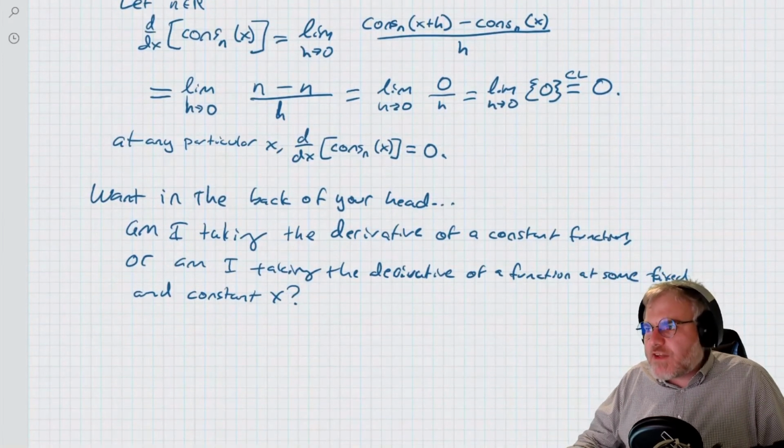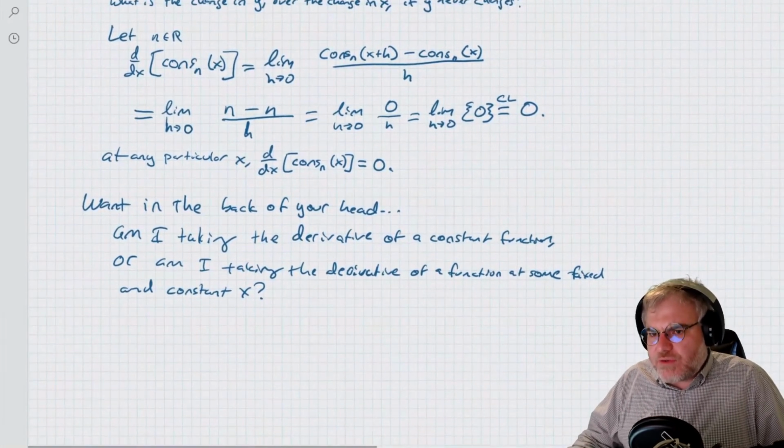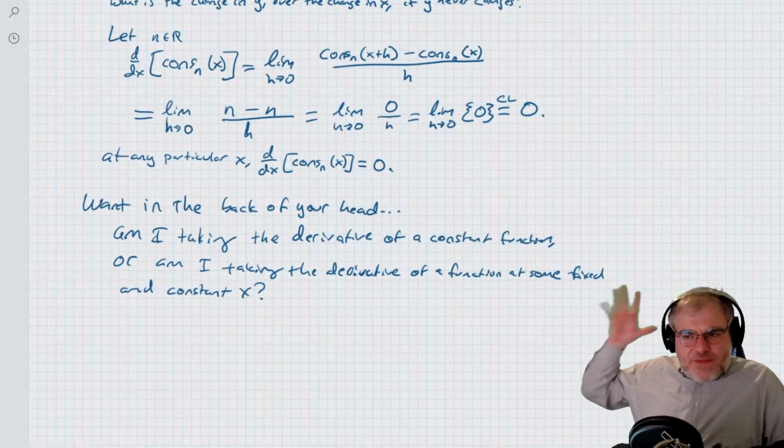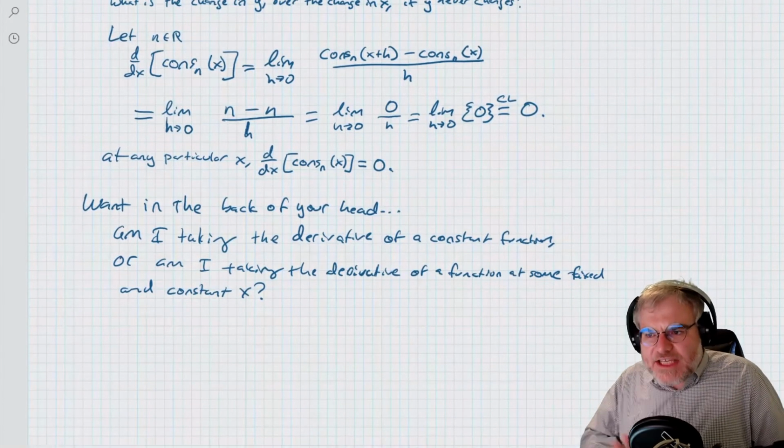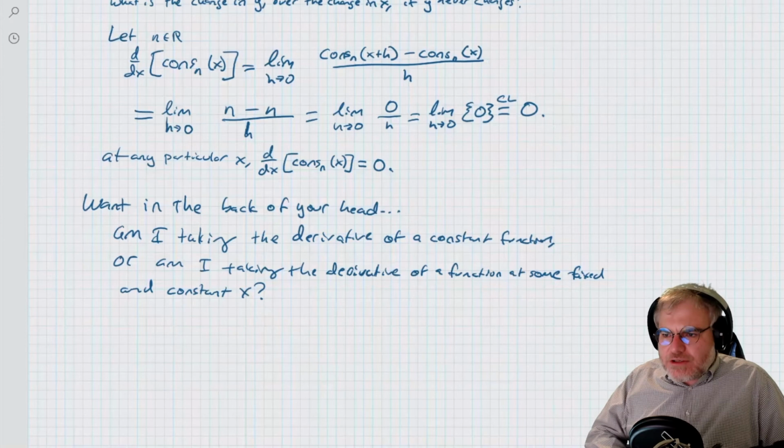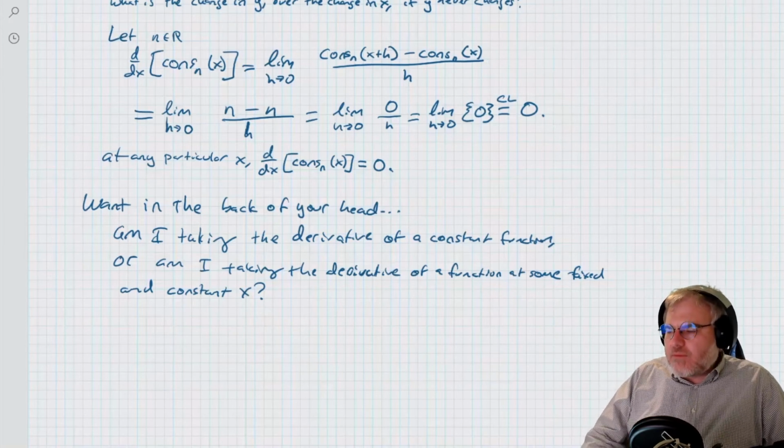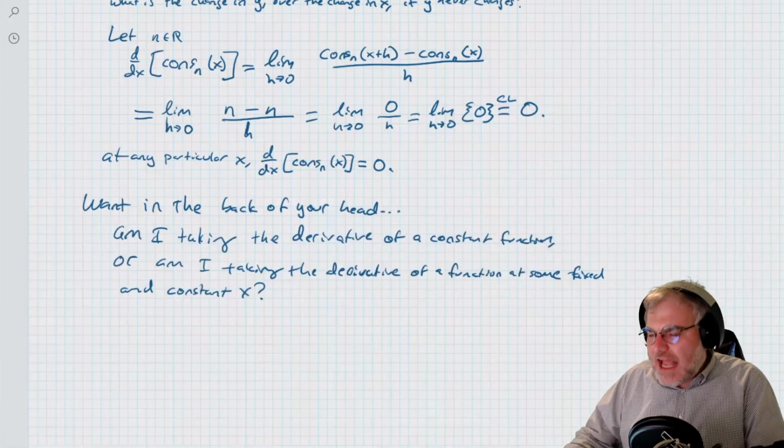1 to 5, how do we feel about this? Again, I don't want to confuse you, but I just want it in the back of your mind, kind of itching sometimes. Just make sure that you know what you're taking the derivative of, right? Am I taking the derivative of a flat line?